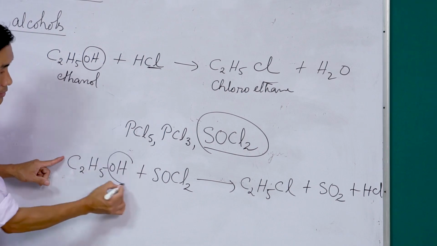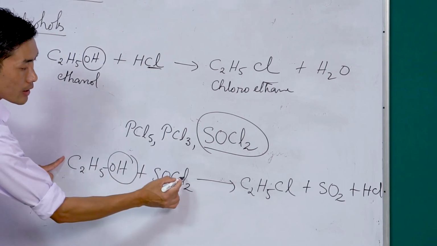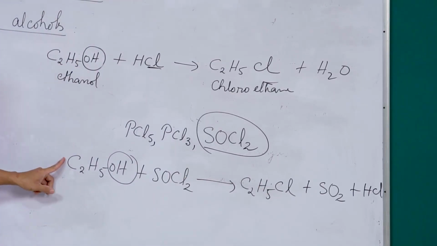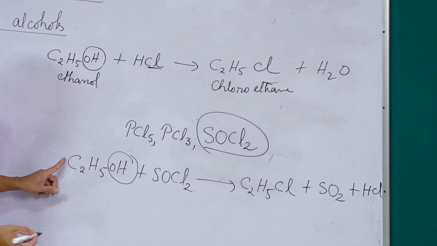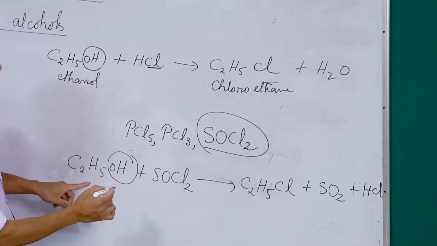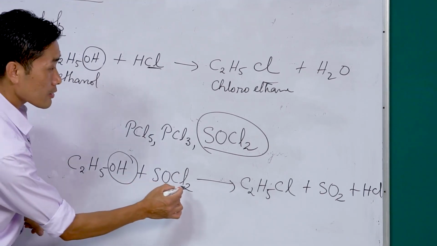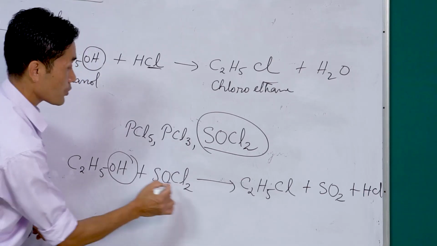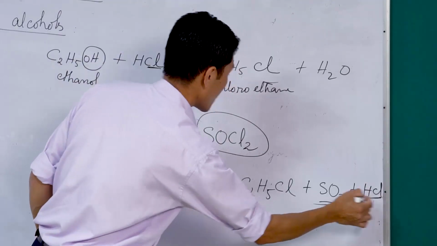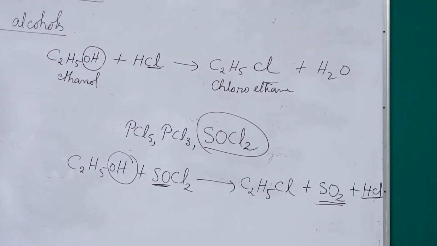The OH group here is replaced by one halogen from here, so we get C2H5Cl, chloroethane, a haloalkane. Then we have SO2, a gas, and then HCl, which is also a gas.